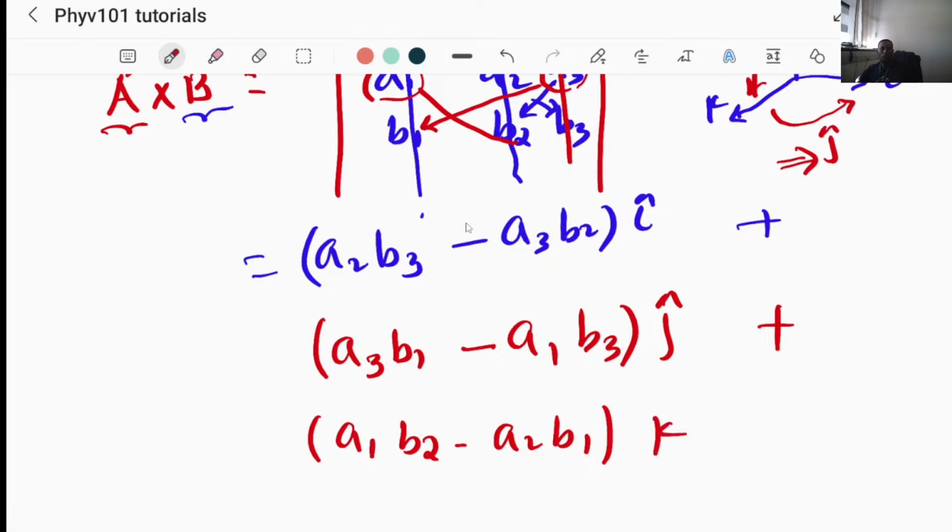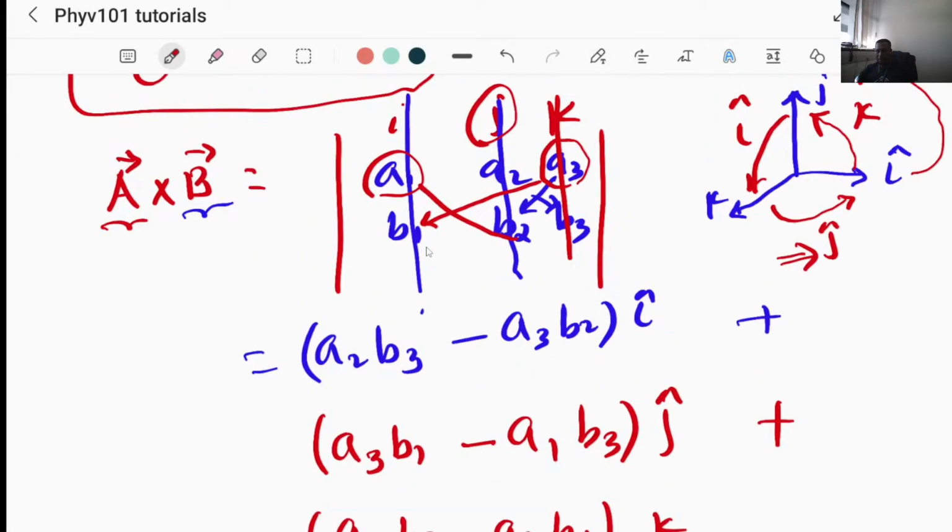This is the rule I want you guys to follow for a vector cross product. A1, A2, A3, B1, B2, B3. The X component, you delete the X, that one, A2, B3, minus A3, B2. The Y component this way, the Z component that way. We know this. Use this one always.